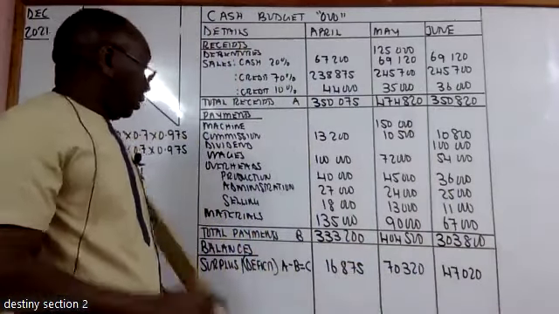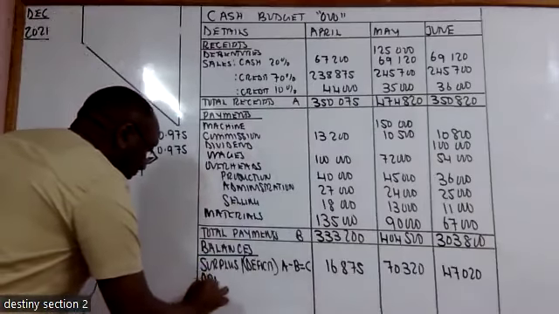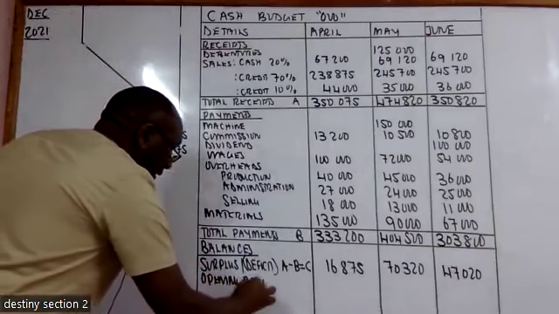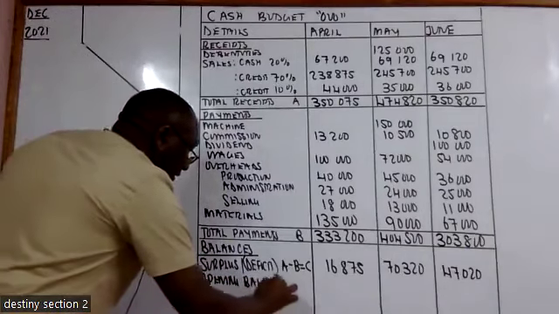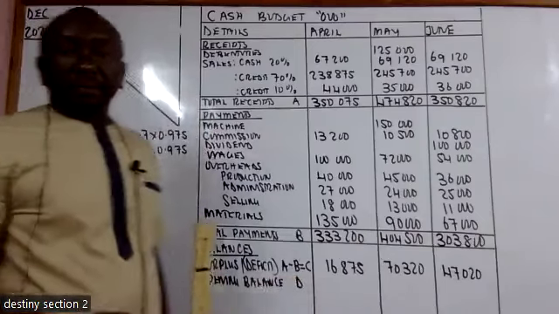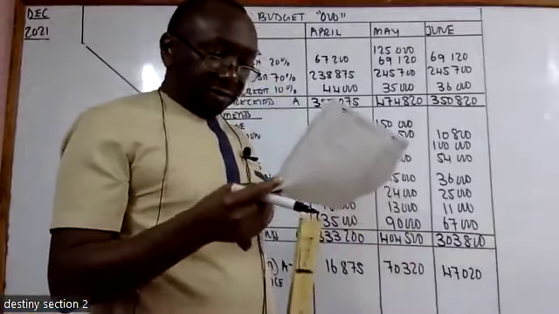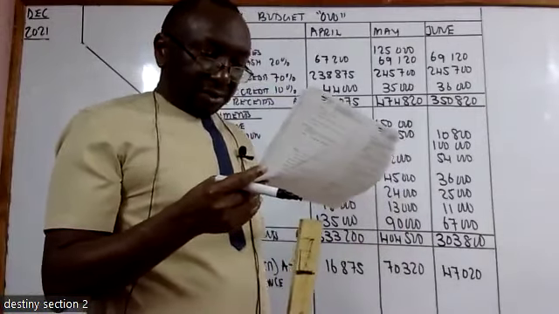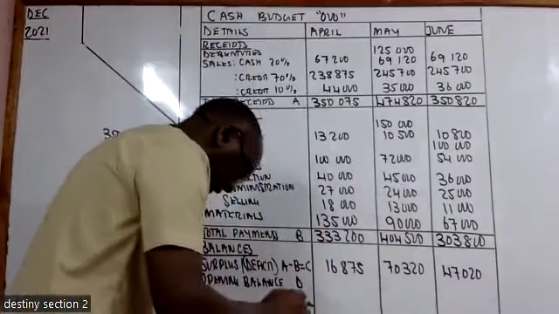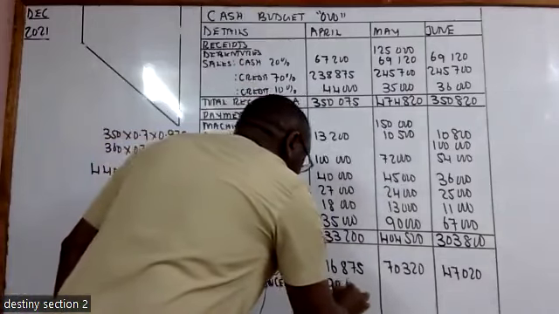Then we bring the opening balance, which is D. We call it D. We are told that as at 1st of April, we should have had 90,000.